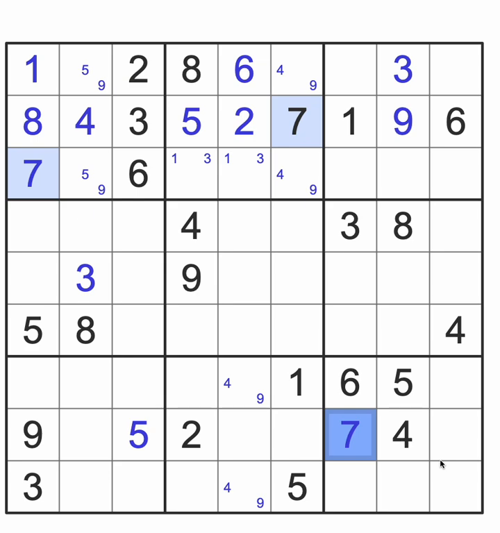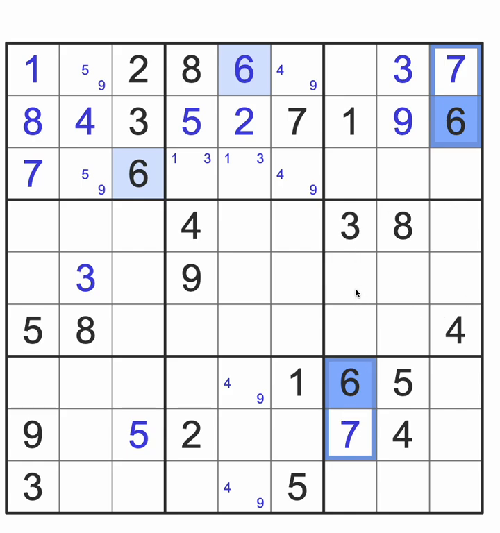Okay, let's move on. 1, 2, 6, 7. Okay. This 7 blocks these. This 7 blocks these. That gives me 7 here. And now I have 6 and 7 here on column 9, and the 6 and 7 on column 7.